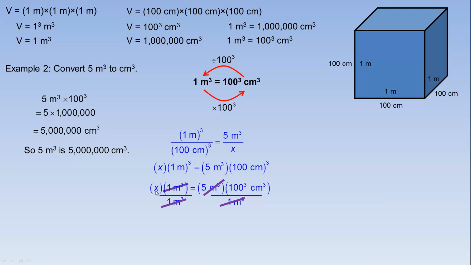So what I'm left with is x equals 5 times 100 cubed cubic centimeters, which is really the same calculation I did here. I'm multiplying by 100 cubed, and 100 cubed is a million, times 5 is 5 million. The answer is in cubic centimeters because after the units divide out, cm cubed is what I'm left with. So that's another way to accomplish the same thing. And that's the end of the tutorial.